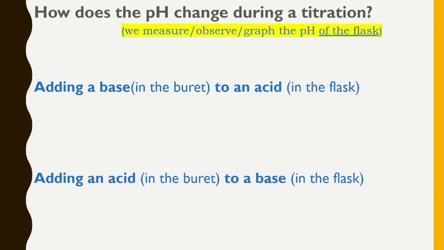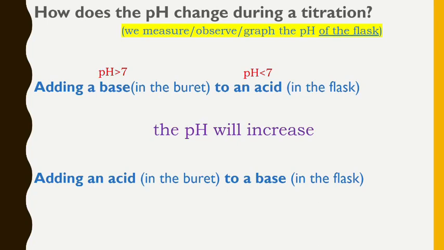And if we think about adding the base to the acid, the acid's starting in the flask, and acids have pHs that are less than 7, and bases, the thing we're going to be adding to it, have pHs bigger than 7, then our flask pH is going to start less than 7 and end greater than 7. It's going to be increasing.